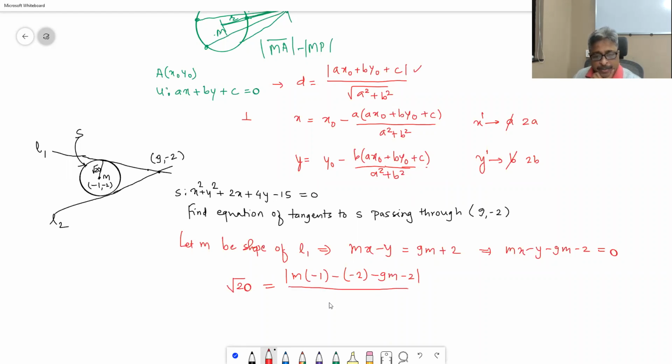Now divided by radical m square plus 1. A is m, b is -1. A square plus b square is m square plus 1. So this relationship is true, and this is an equation with only one unknown, which is m. So we have to simplify and get the value of m.